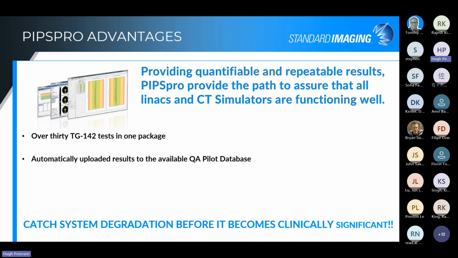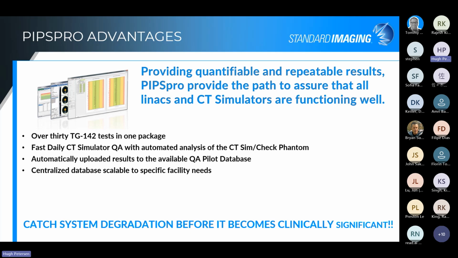It will automatically upload the results to the available QA pilot database if that's something you're interested in. Fast daily CT simulator QA with automated analysis with our CT SimCheck Phantom. Centralized database, scalable for any type of facility needs.